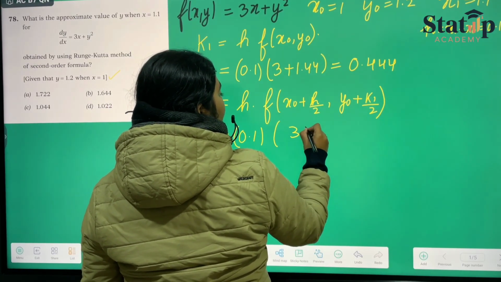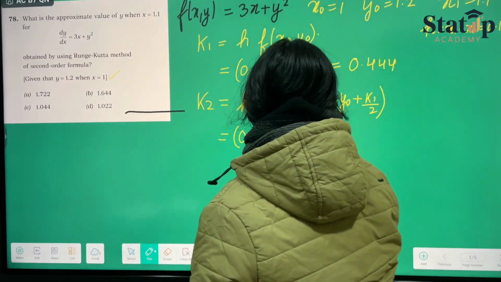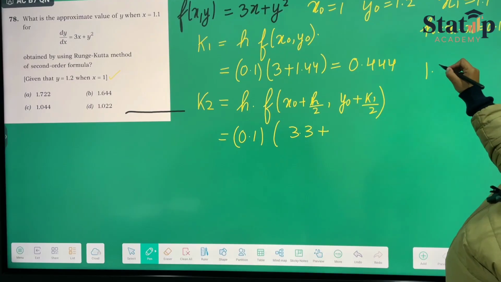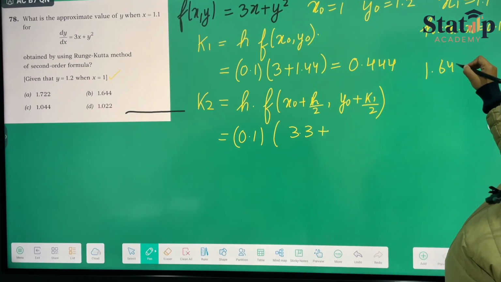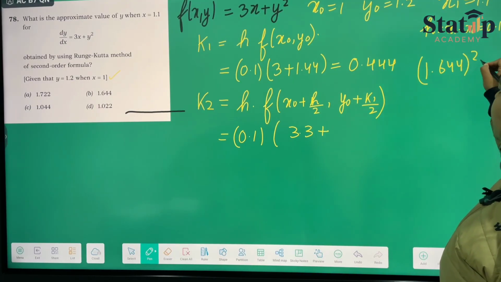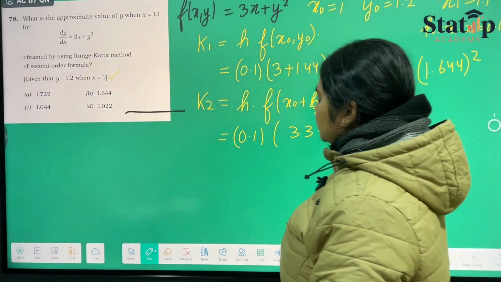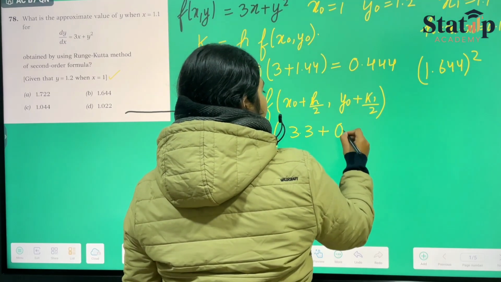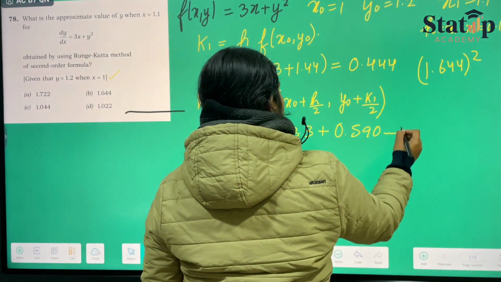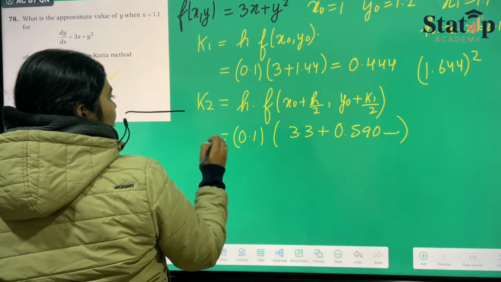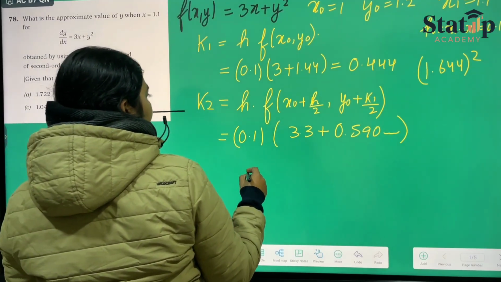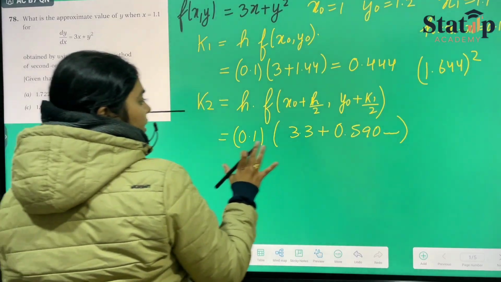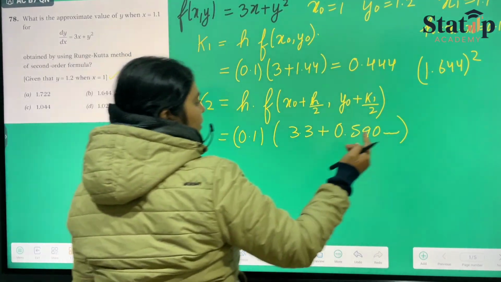Into 3 will be 3.3, plus y plus k1 by 2, which will be 1.644, and its whole square will come out to be something like 0.590 and something. If we add and multiply all of them, then we get our answer here for k2.